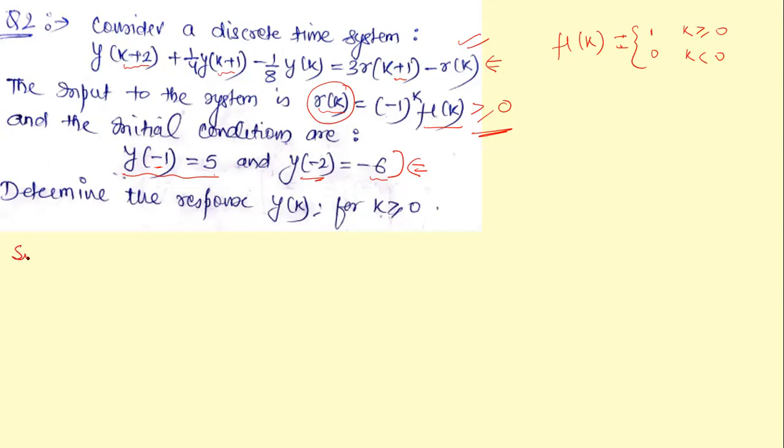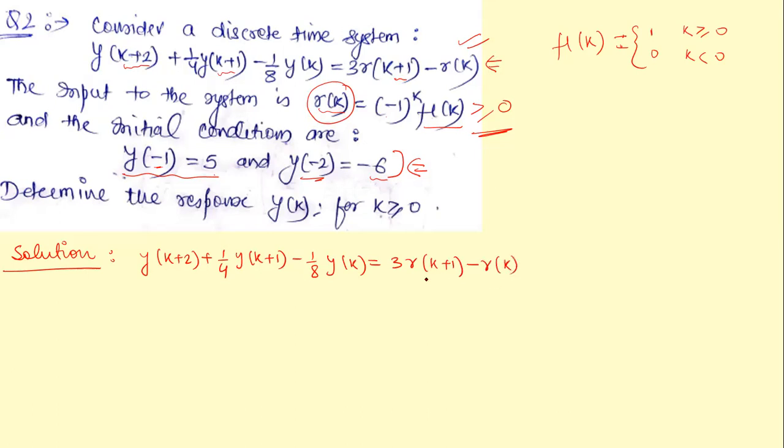So the given equation is y[k+2] plus 1 by 4 y[k+1] minus 1 by 8 y[k] is equal to 3 r[k+1] minus r[k]. So this r[k] is the input, y[k] is the output, right?